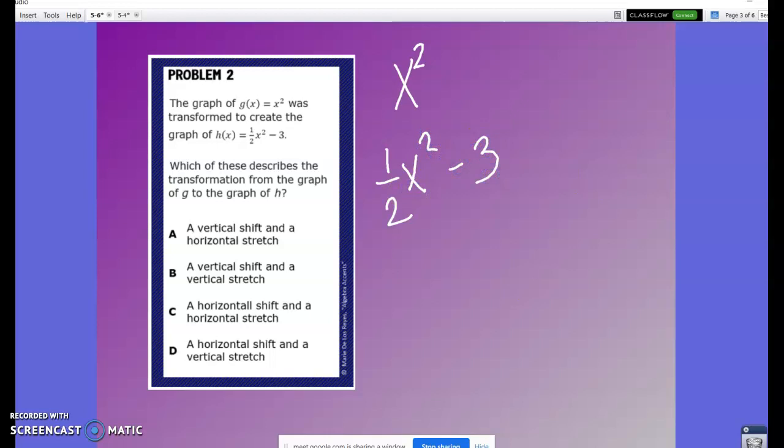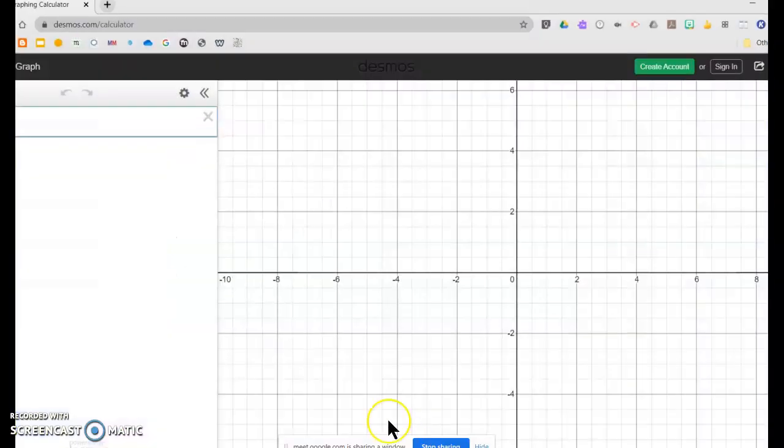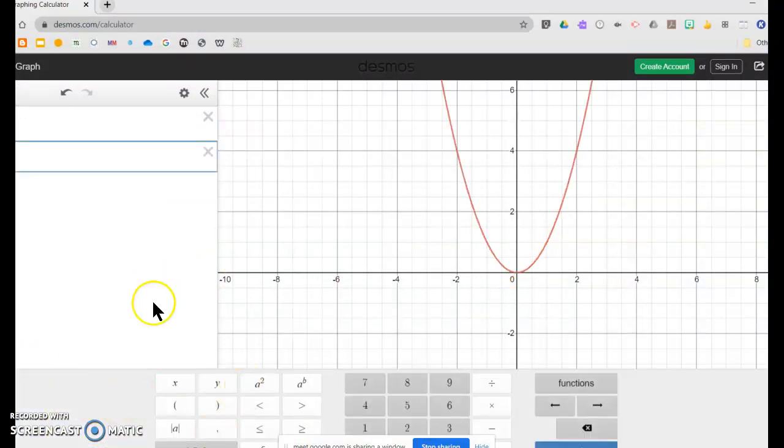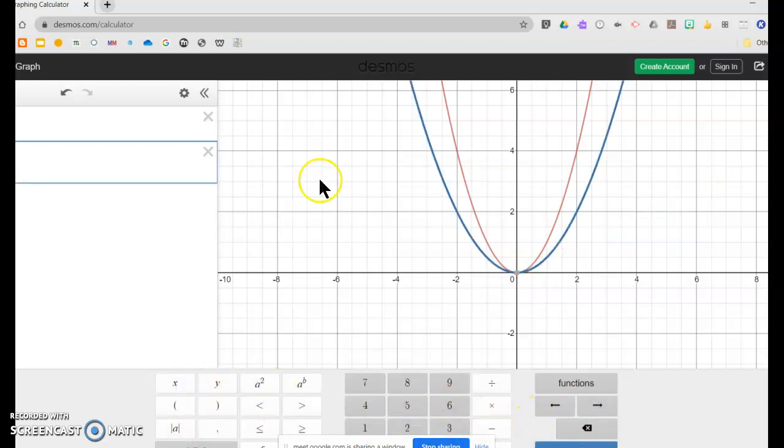Well, we have this handy website. It's called Desmos, and we can actually tell it to graph the parent function. And then we can also tell it to graph the new function, which was 1/2 x squared minus 3, I believe it was.